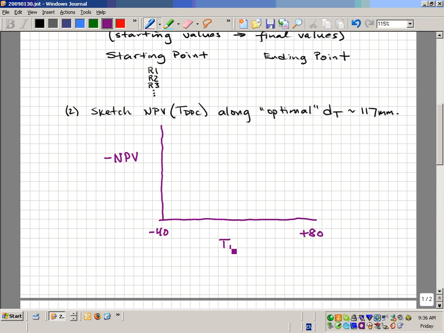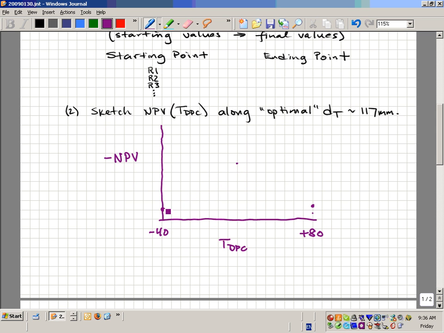So we've got the minimum here, and what we saw yesterday was that maybe it was a little bit better at minus 40 than plus, more or less the same net present value. And then what we're saying is that we suspect there's some saddle point here.